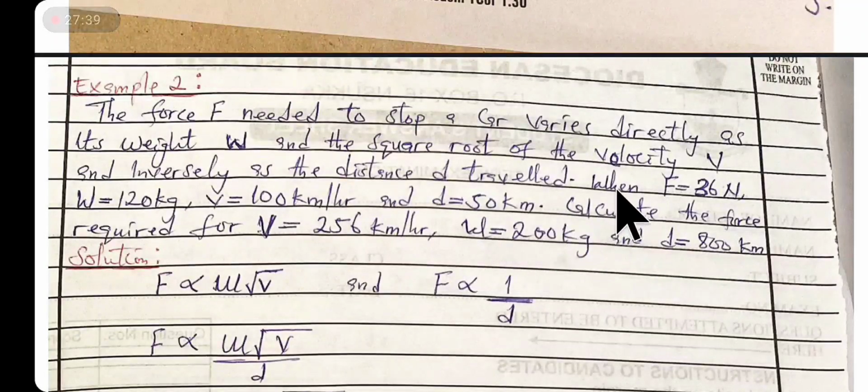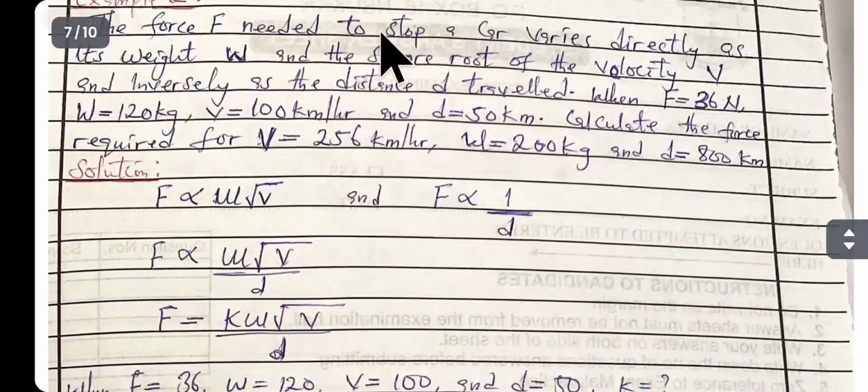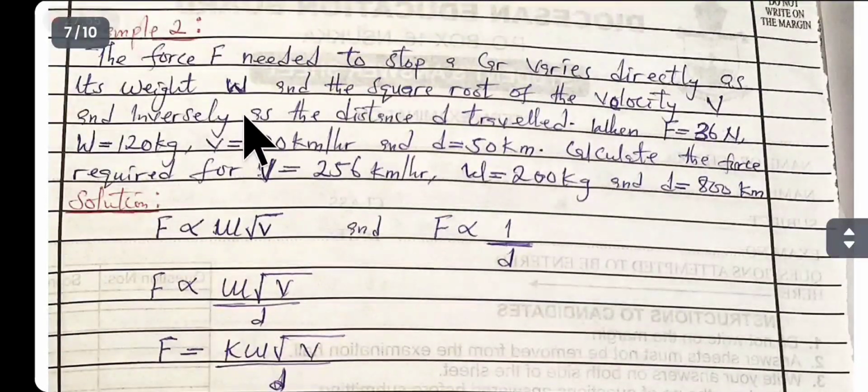All right, so now when F is this, W is this, V is this, and D is this, we have to calculate the force required when V is equal to this, W is equal to this, and D is equal to this. First of all, we need to draft out the formula, the mathematical representation of this statement.